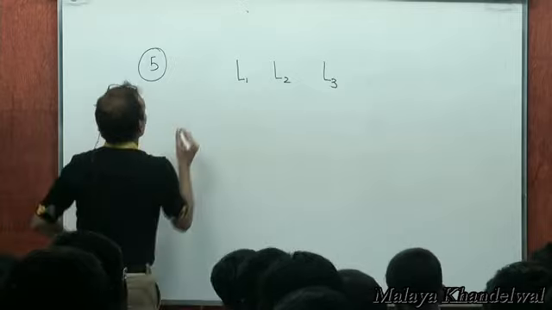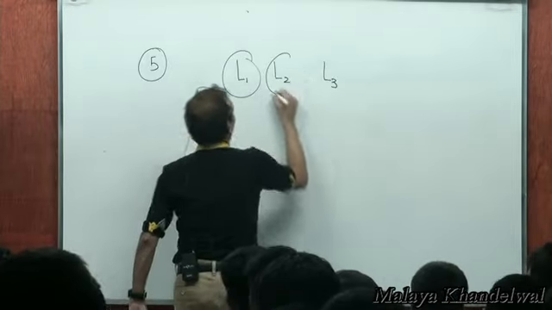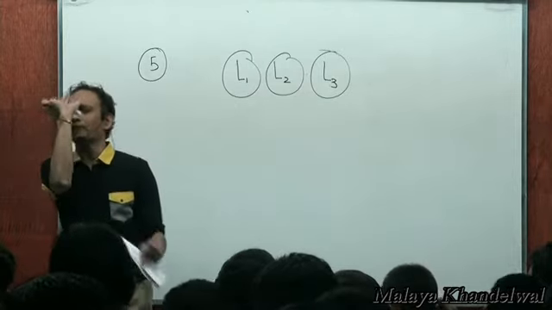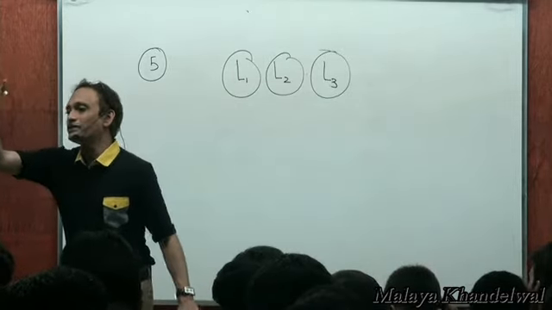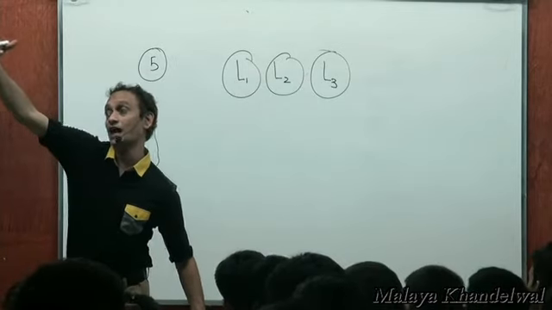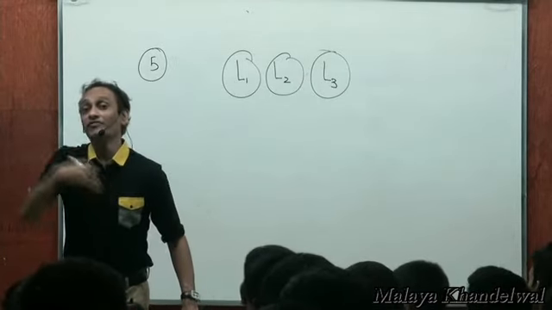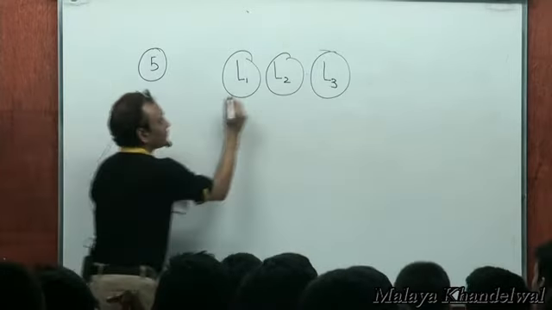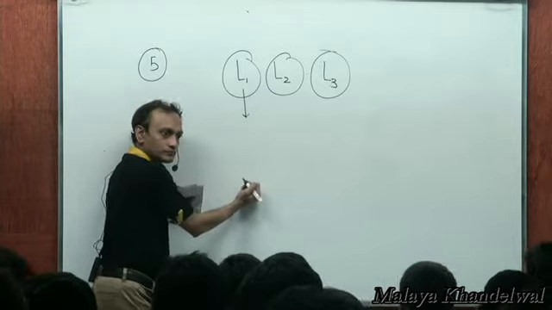So if there is L1, L2, L3, mentally I am imagining 3 spaces to be filled up by these English alphabets such that L1, L2, L3 are all different. Let me start with L1.